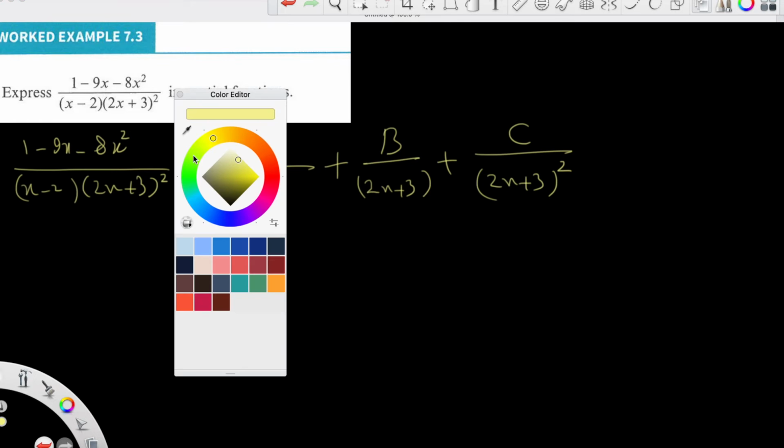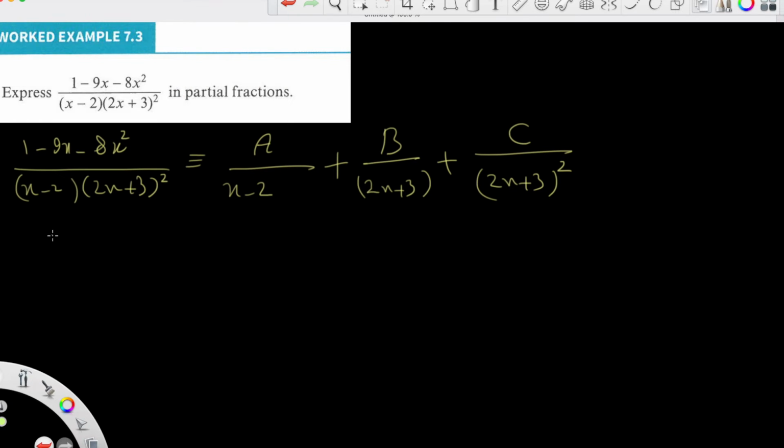Now if you take a common denominator on the right hand side, with minus 8x squared on the left, the common denominator will be 2x plus 3 squared and x minus 2.